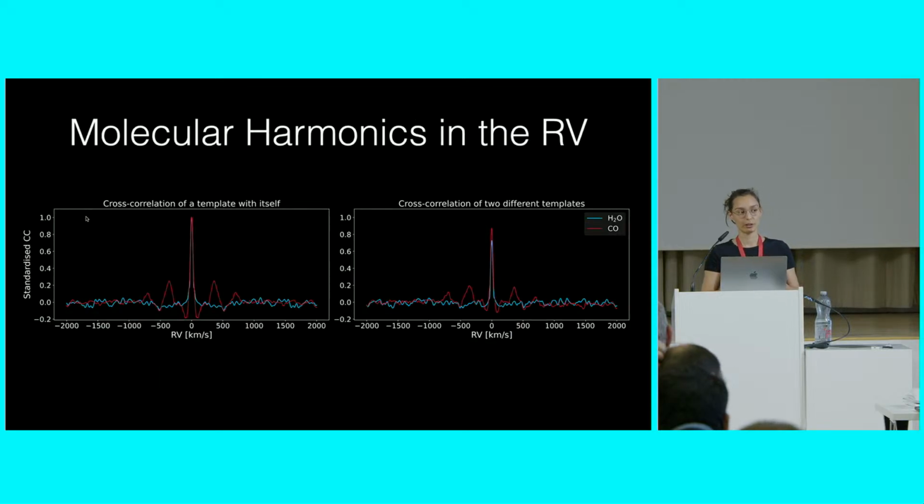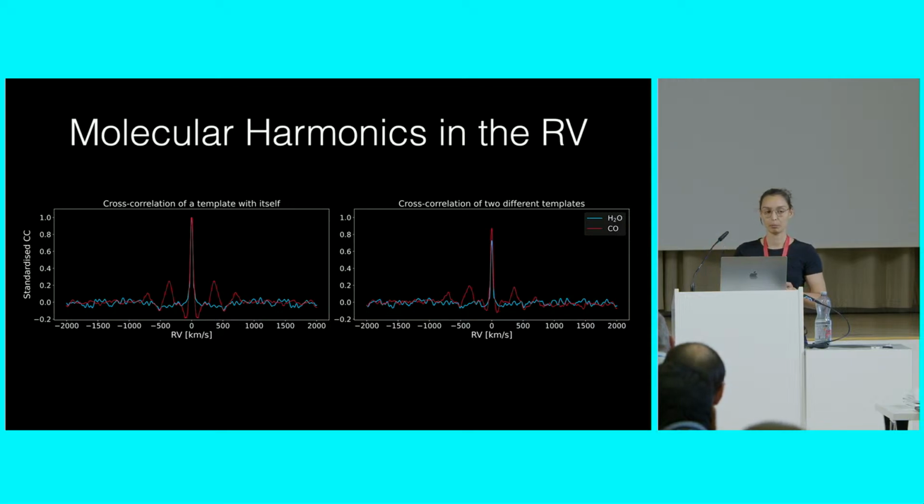Before I go into the details of how the CNN works, I just wanted to highlight something. We did a little test with a few simulated spectra, and we cross-correlated them with single molecular templates spanning different temperatures and surface gravity. We can see that whether the template matches exactly or not, we always observe either clear symmetric patterns in the cross-correlation or strong molecular harmonics, for CO, for example.